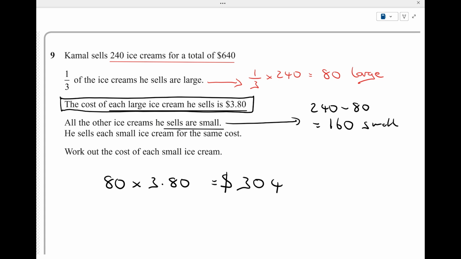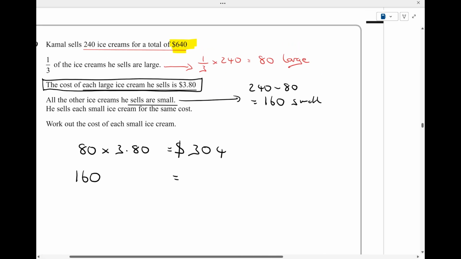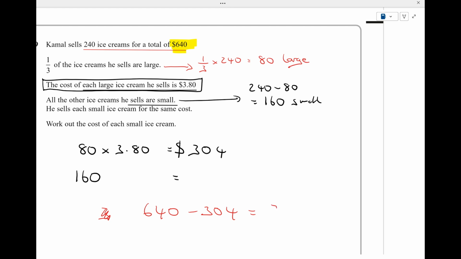He sells 160 small ice creams, but I don't know what he sells them for. But you know how he takes $640 in total? Well, $304 of that is for the large ice creams. So I'm going to do 640 minus 304, and now I know how much money he takes for selling the small ice creams. $336.